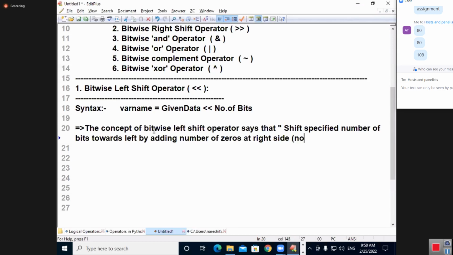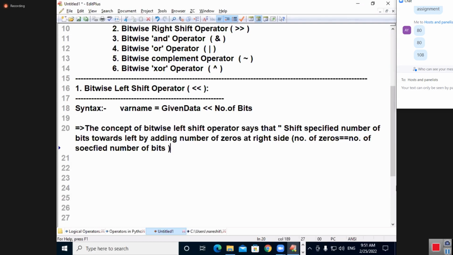The number of zeros is equal to the specified number of bits, right or not?